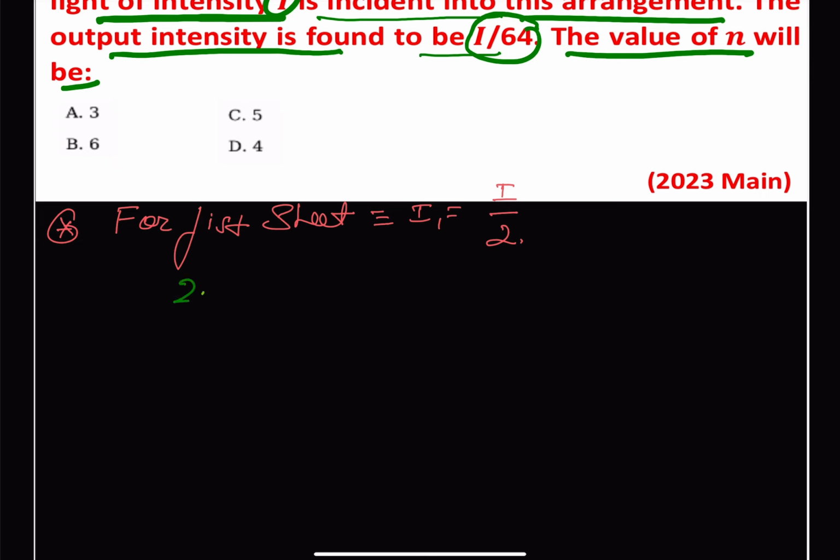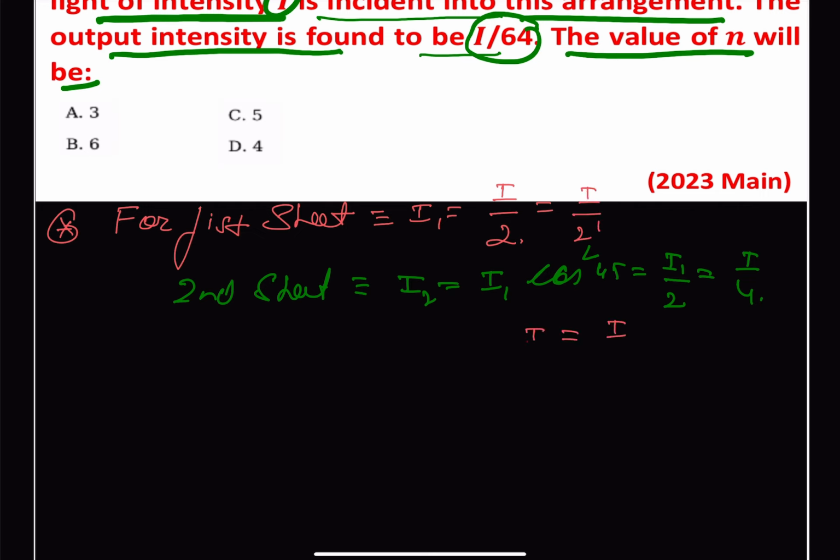For second, that is our I2, will be equal to our I1 times cos square of 45, and this comes as I1 by 2, or we can say I by 4. And from here we can easily see that this can be written as I upon 2 raised to power 1, and this can be written as I upon 2 raised to power 2.